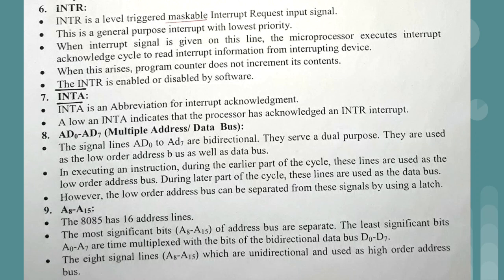And these specific bus lines can be used to store data also. So whenever we are storing data in these bus lines, they are called data buses, and at that time we number them D0 to D7. So the 8 signal lines, that is A8 to A15, are unidirectional and used as a higher order address bus. In this, points number 8 and 9, you just need to remember that AD0 to AD7 are the multiplexed address/data bus.